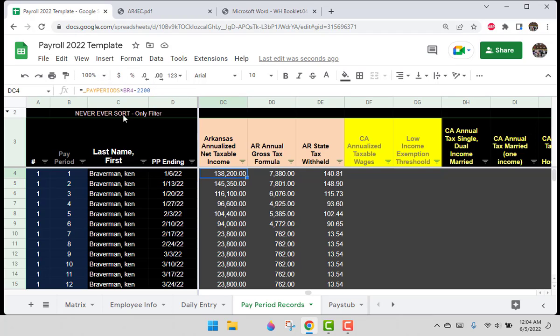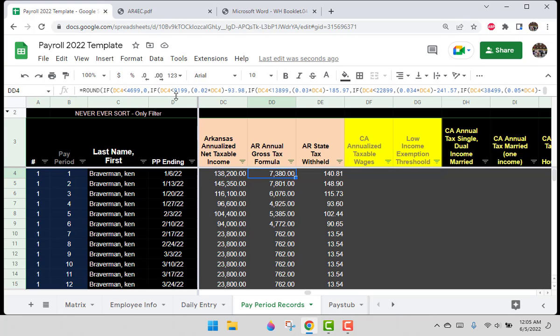And this person's going to make $140,400 that they would actually make in the year, because you also have to subtract out the standard deduction. That's part of the formula for Arkansas, is you have to reduce everyone by the $2,200 standard deduction for the year. That's where you get this $138,200.